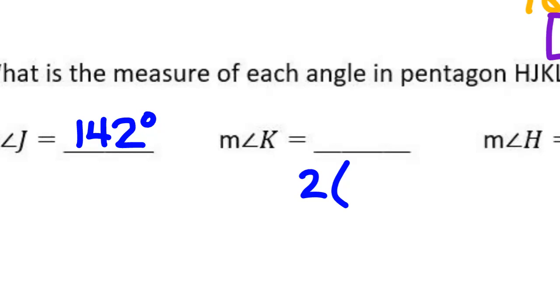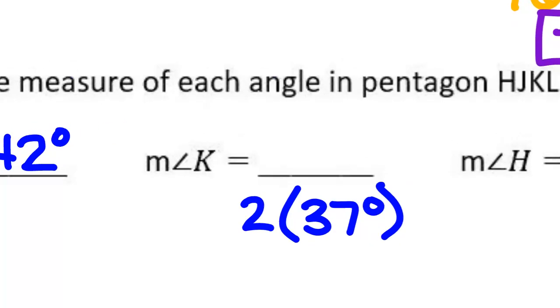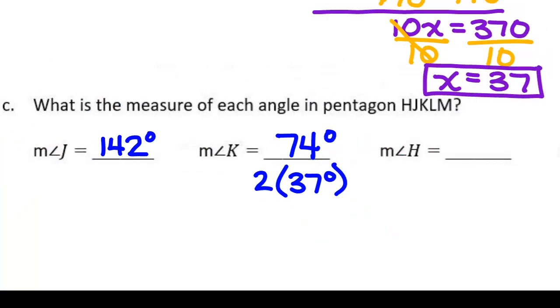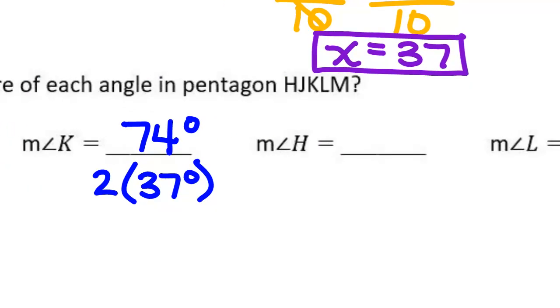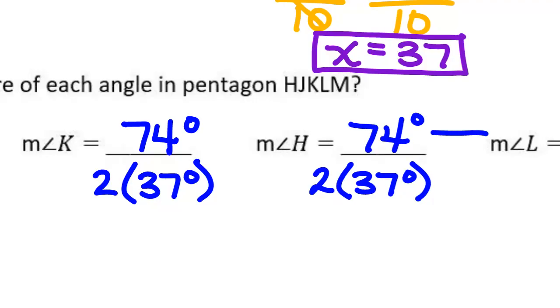Yep, 2 times the x, which is 37. What is 2 times 37? 74. What about angle H? Do the same thing again because that one was also 2x, so this one would be 74 also.